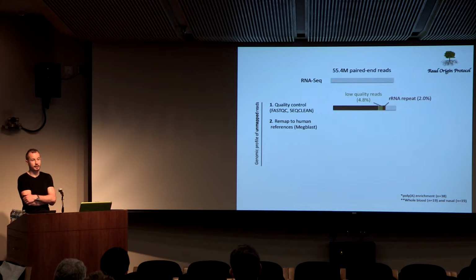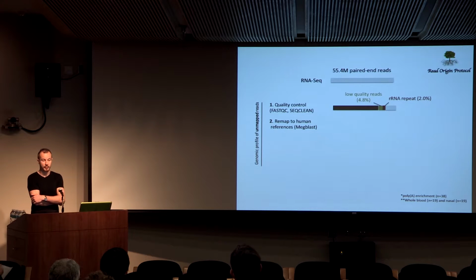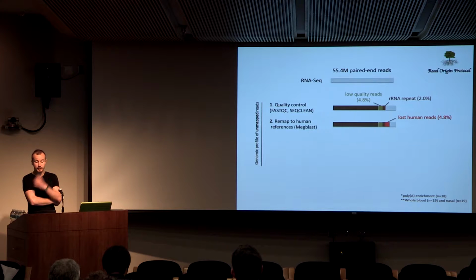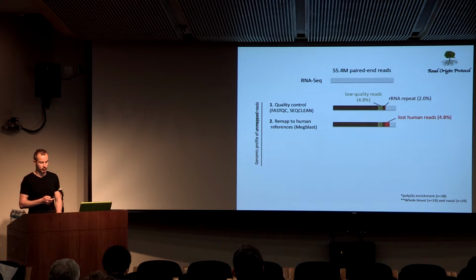We also thought about the heuristic implementations of high-throughput mapping algorithms, which provide basically no guarantee that all the reads were mapped, due to speed. Using the most sensitive alignment, which is megablast, we were able to identify around 5% of the reads which we think are human in origin. We call those lost human reads.